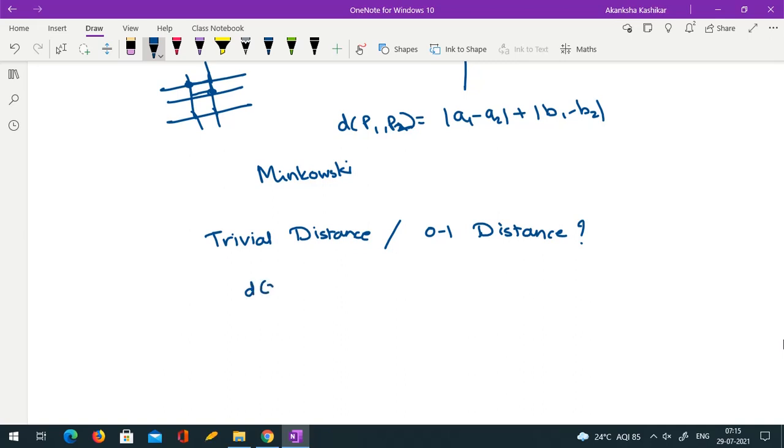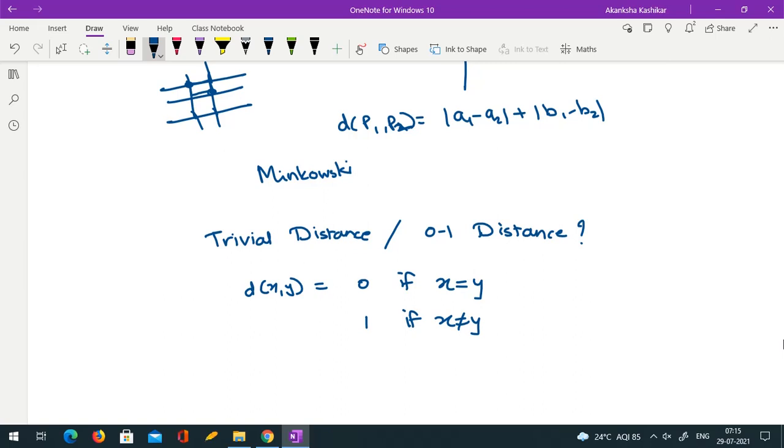This is going to be especially useful when we have categorical data. Basically, we define the distance between x and y, which can be any objects, two chairs, two people, two clouds, anything. Distance between x and y is defined as 0 if x is equal to y, of course, and 1 if x is not equal to y.